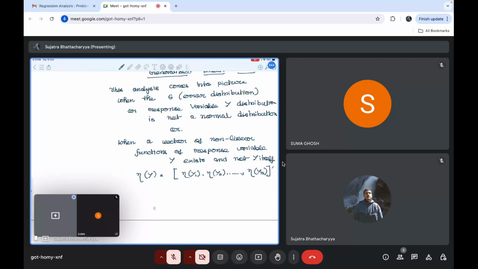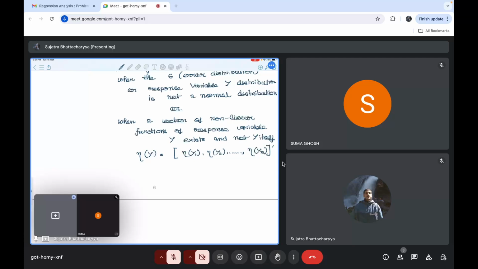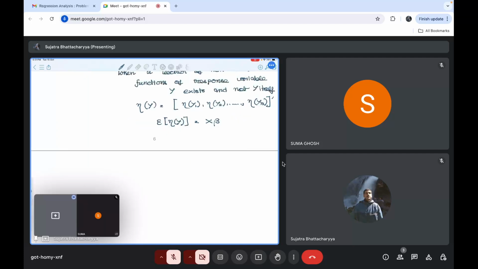And it has the expectation of this eta of y as x beta, just as we do in the multiple linear regression model, where we assume y is equal to x beta plus epsilon.